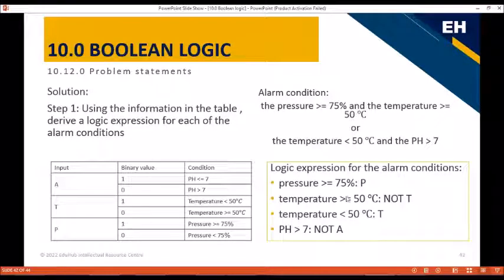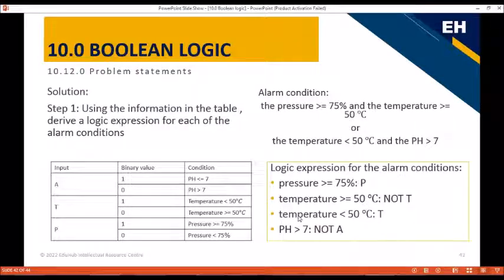So in that case, we just have P. When temperature is greater than or equal to 50 degrees Celsius, let's look for it. Temperature is greater than or equal to 50 degrees Celsius. The value of the binary for T is 0. In that case, it becomes not T because the binary value is 0, not 1. So we have not T in this case, not T.